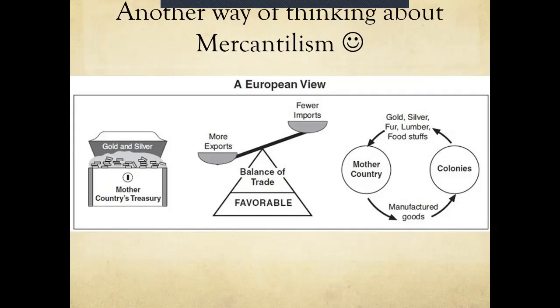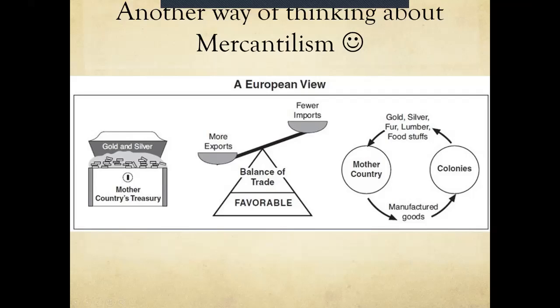There's not a whole lot of forested area there. So if you're building ships, you've got to have lumber from somewhere. Well, you've got to buy it because you don't really have enough forested land of your own. Well, that's going to cost money. Well, instead, if you can get a colony that provides you with all that timber, then you save money from your treasury.